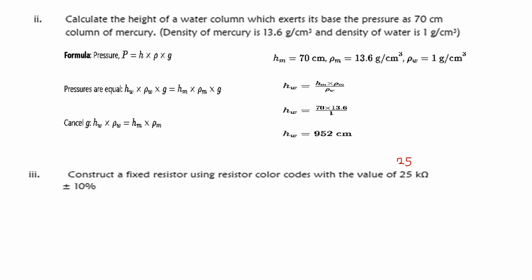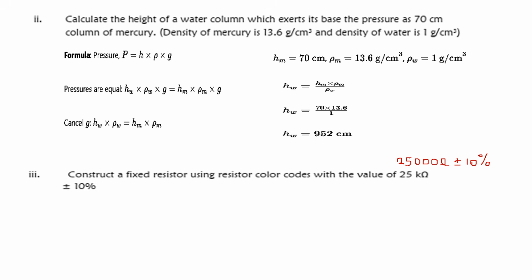Remember, kilo means thousand. There's 25 with 3 zeros, ohms. Then plus or minus 10%. Remember, the 10% is called tolerance.